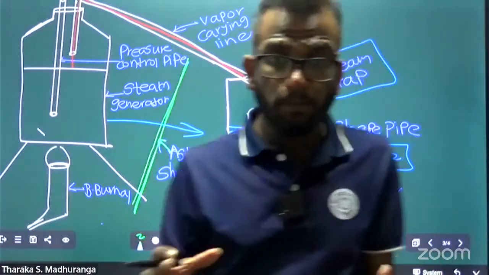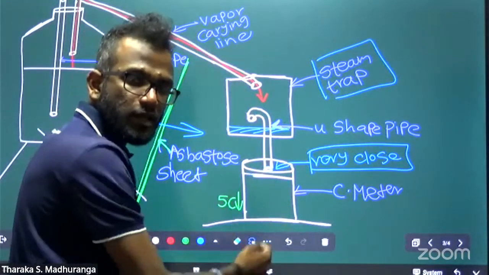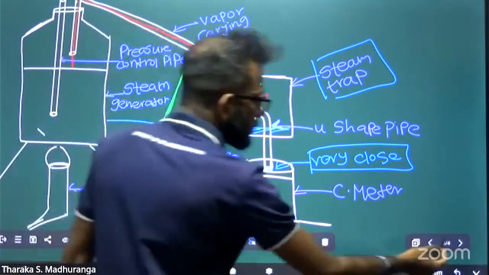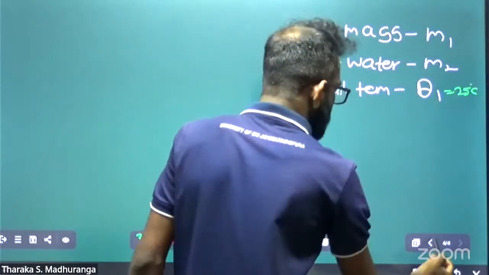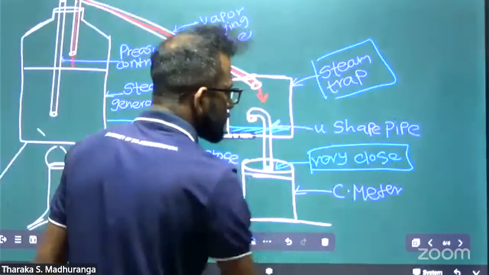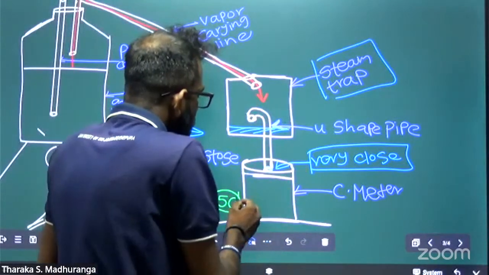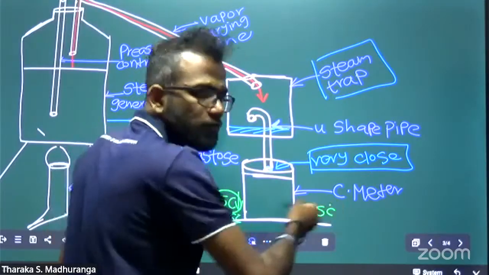Think room temperature is 30. Normal temperature is 30. We can decrease the temperature by 5 Celsius. Then we take this initial temperature as 25 Celsius, and we can provide steam until the temperature increases up to 35. 25 to 35.